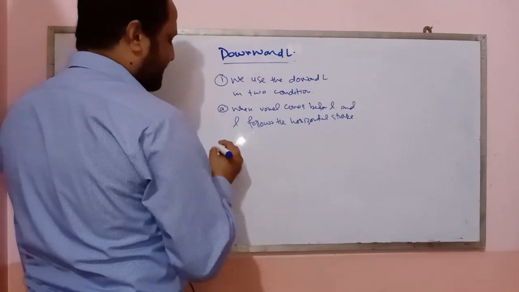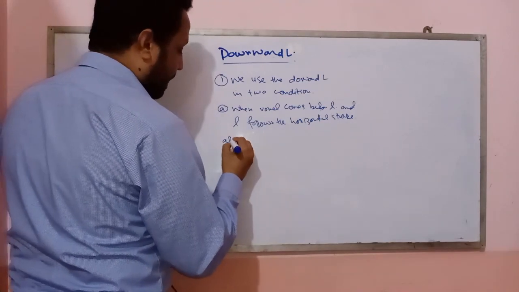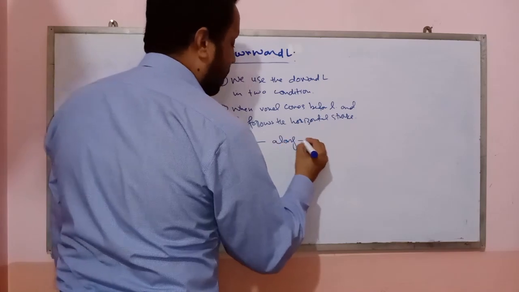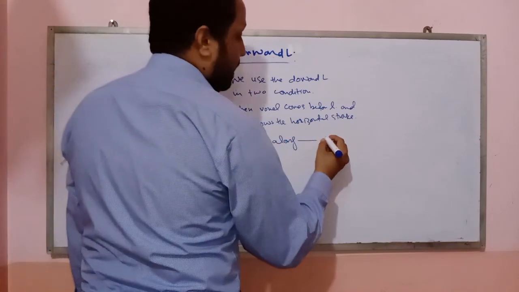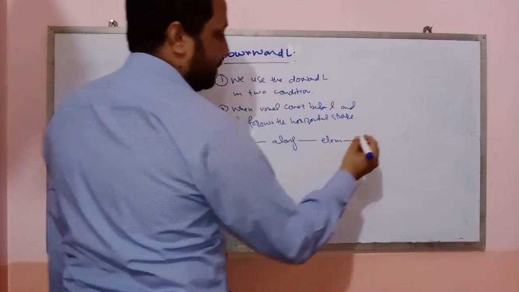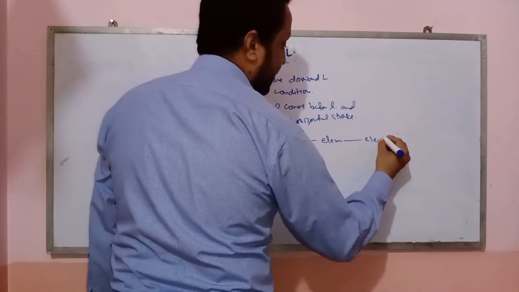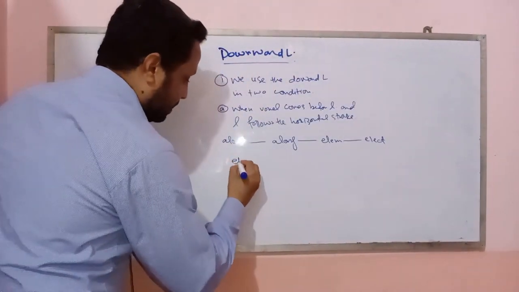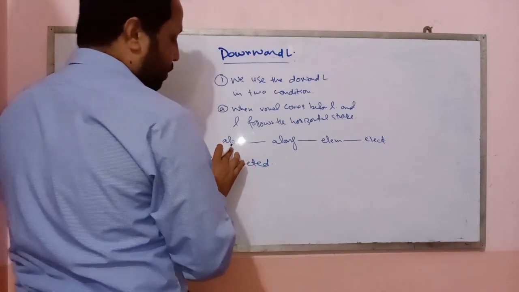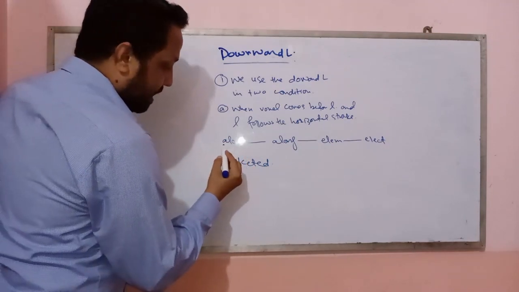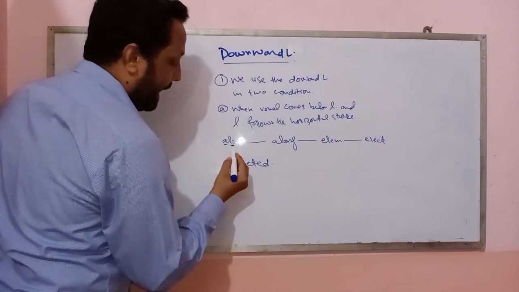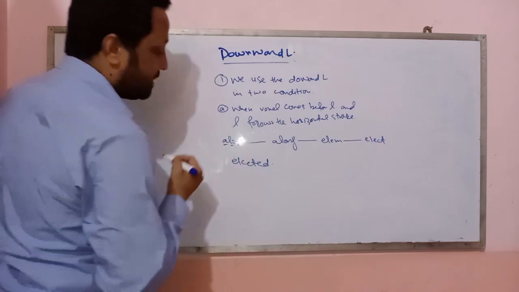I give some examples like the word alone, another word along, another word elm, and another word elect, elected. Take notice that there is a vowel before L and L follows the horizontal stroke.